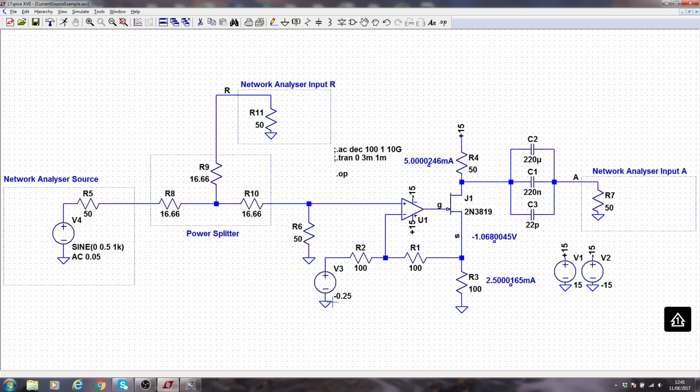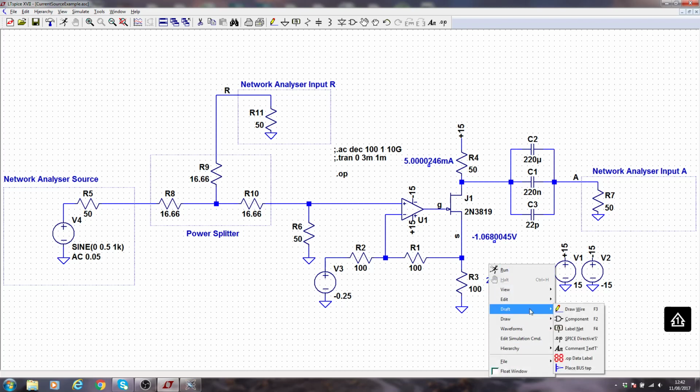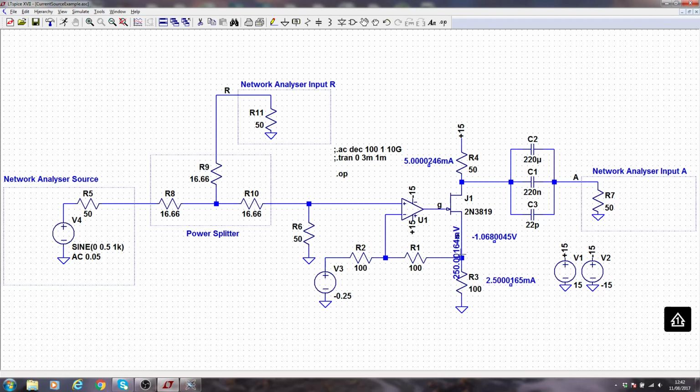So it's doing everything in its power, the op-amp, using its big open loop gain to try and make its output, the feedback node here, go to minus 250 millivolt. Sorry, plus 250 millivolt, because it's inverting. So if I was to put a data label there, right click just the background, and then put the data label there.